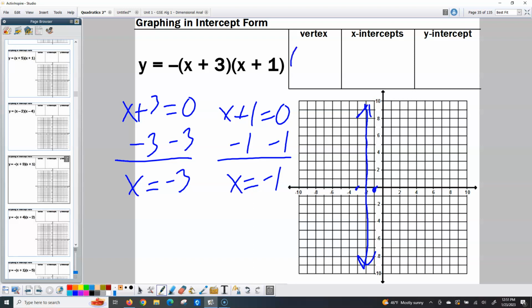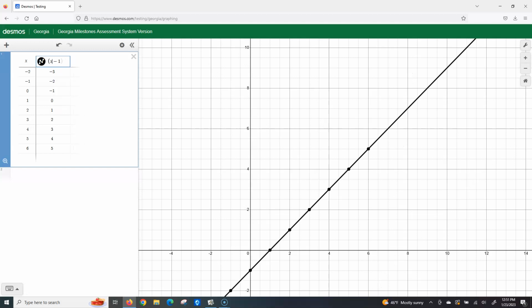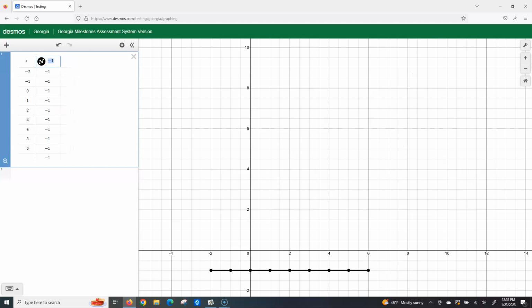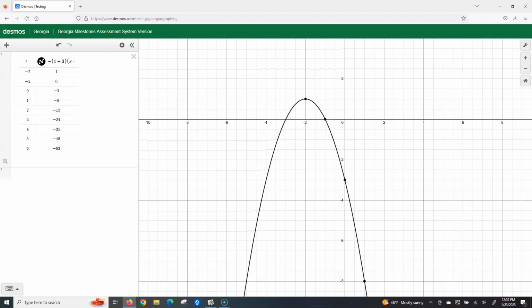That tells me that my vertex will have an x value of -2. And I can punch that into Desmos. And it sure does have an axis of symmetry at -2. There's an x-intercept.